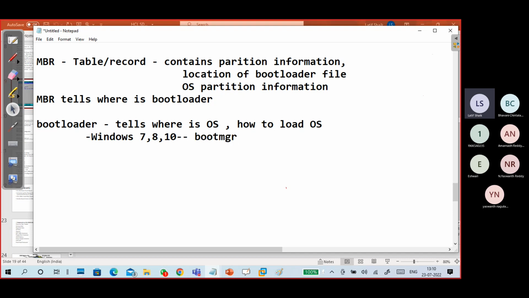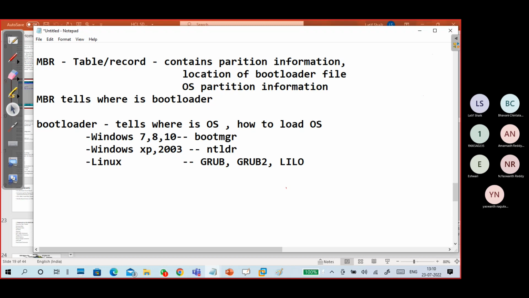If I have Windows XP or a 2003 server, it is NTLDR. If I have a Linux operating system, it is GRUB, GRUB version 2, or LILO. These are the different bootloaders.